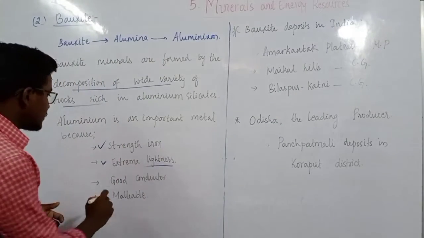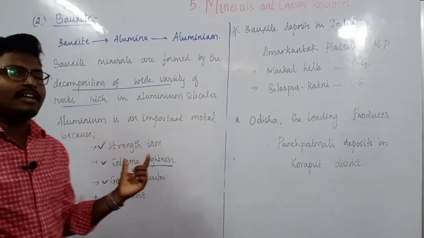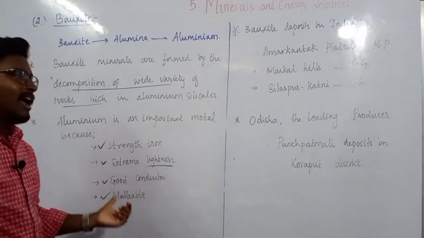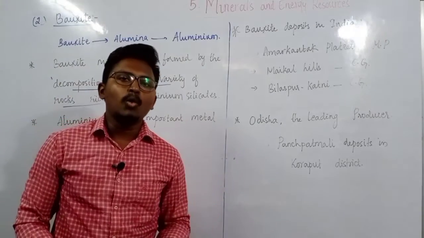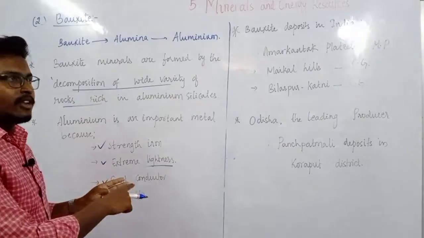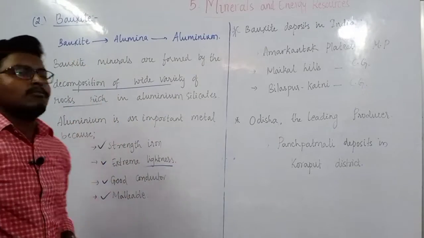And the next thing is it is a good conductor of heat as well as electricity, and finally it is also malleable, which means it can be easily molded. So these are some of the important properties of aluminum, which is extracted from bauxite.